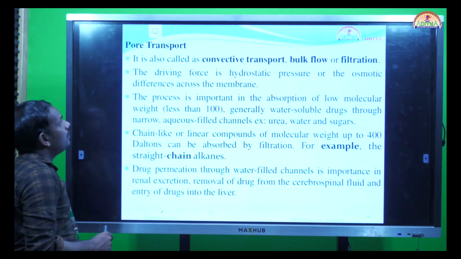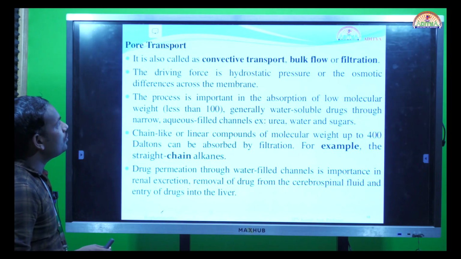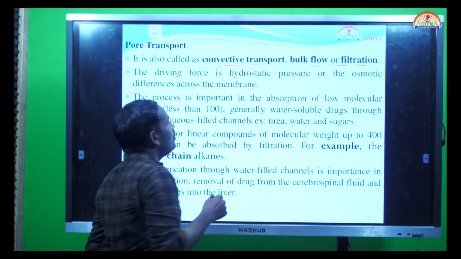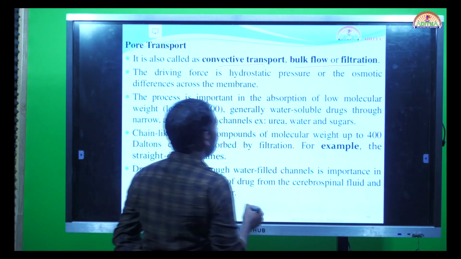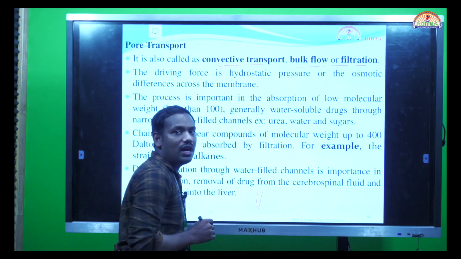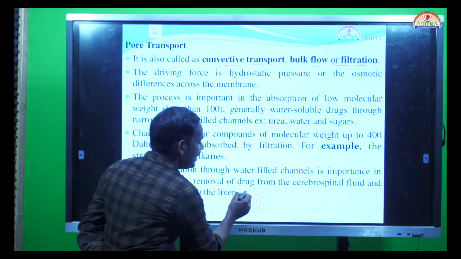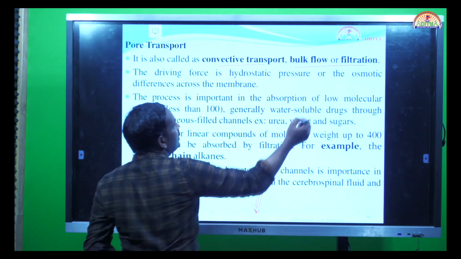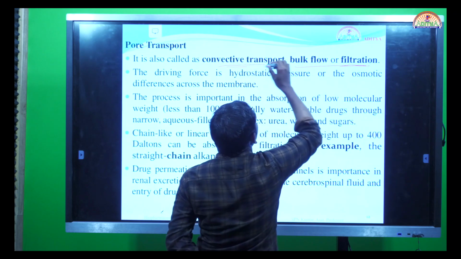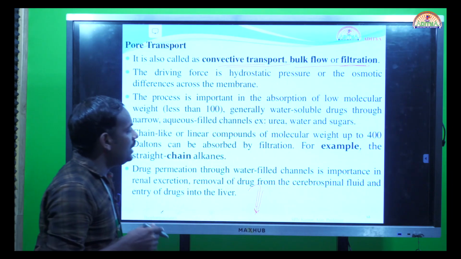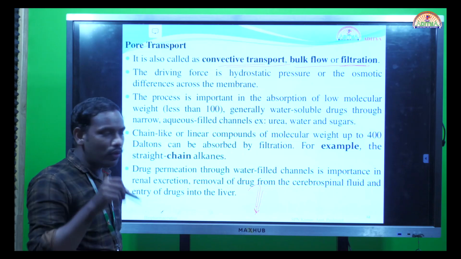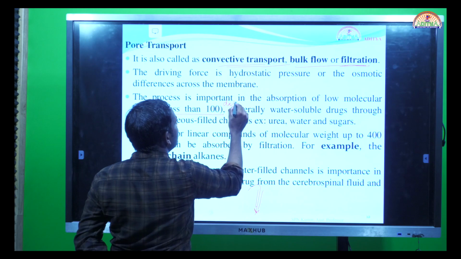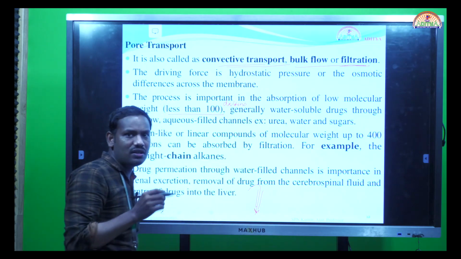Now pore transport. What do we mean by pore transport? This is also called convective transport, bulk flow, or filtration. Our cells have small cellular pores, and the solute is filtered through these pores, hence it is called a filtration process, convective transport, or bulk flow. To pass through that small pore, its molecular weight should be less than 100 Daltons, because the pore is of miniature size.